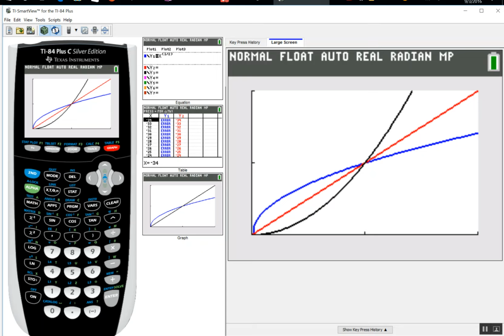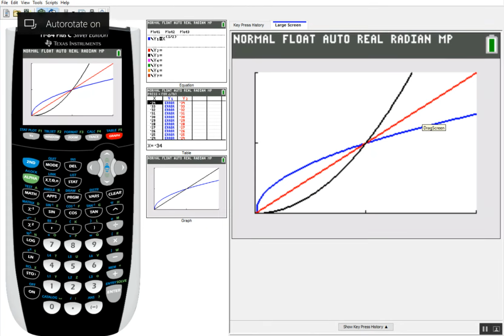So all your power functions have this type of behavior when you look at them in the first quadrant, and you'll get used to this down the road because it will come up in random ways in future courses. So this is just something to be aware of right now.